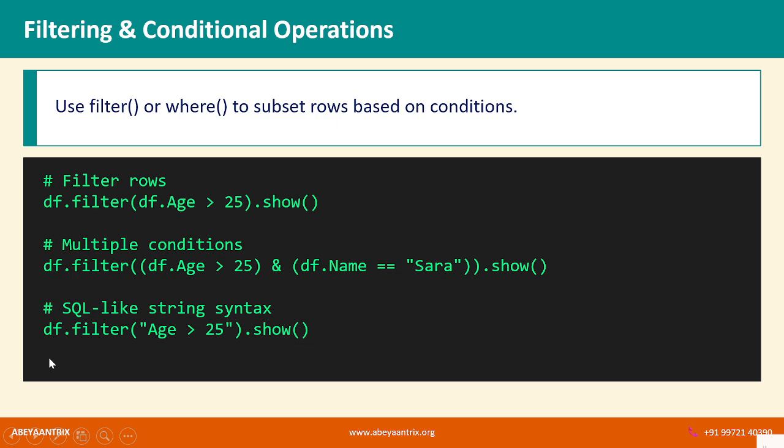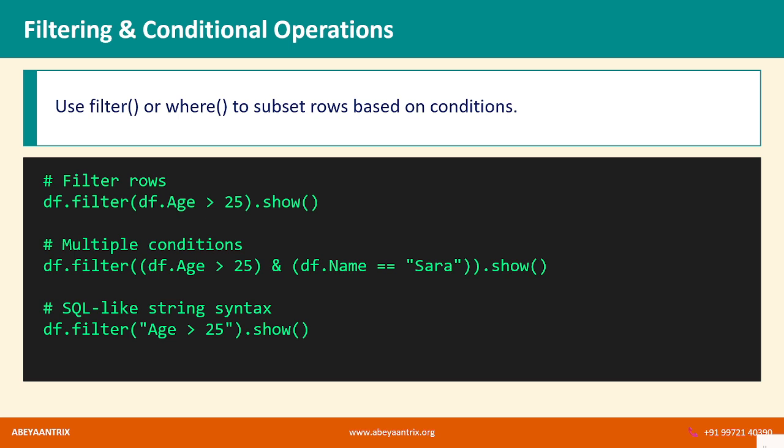Then you can also give SQL-like string syntax. For example, df.filter, where you just mention the condition age is greater than 25 inside double quotes. See the difference. For filtering the rows, you were taking df.age greater than 25. Here you are taking just age is greater than 25, with double quotes, while there you are not using double quotes.